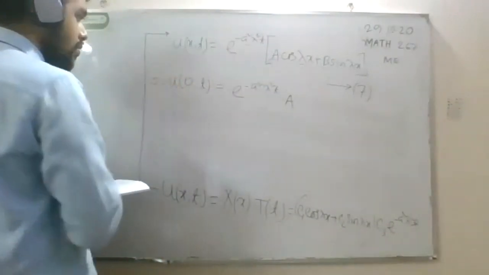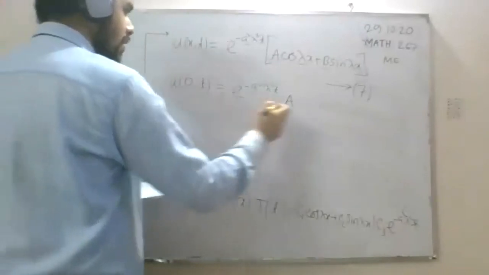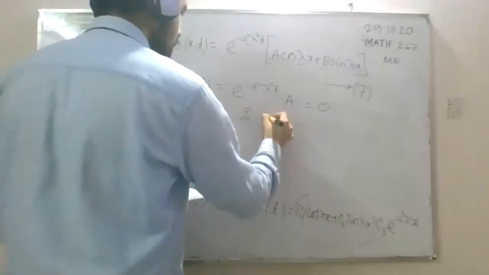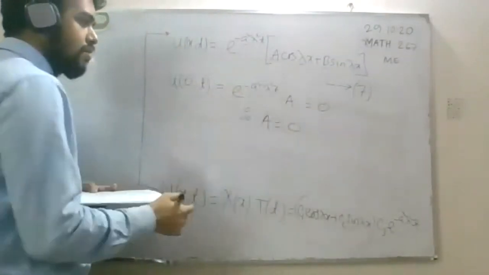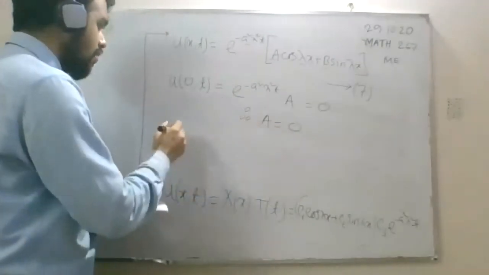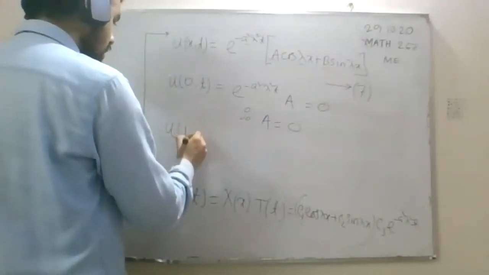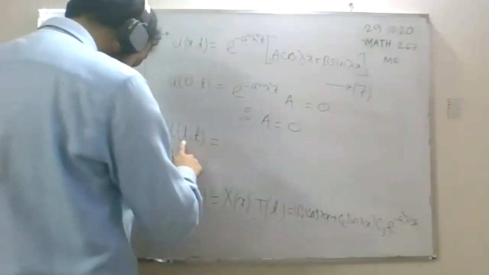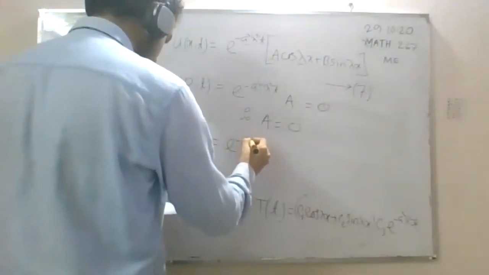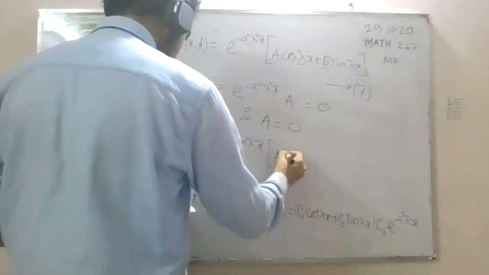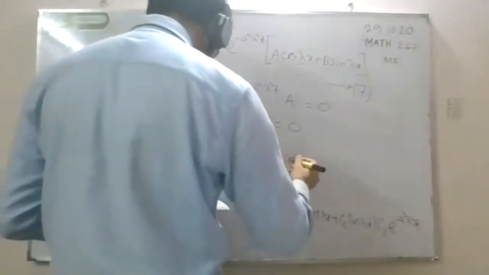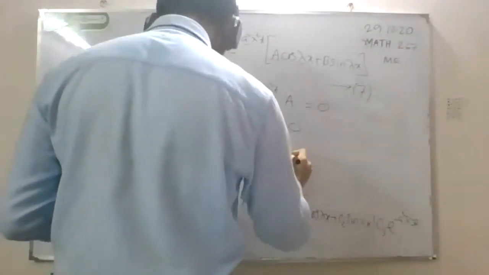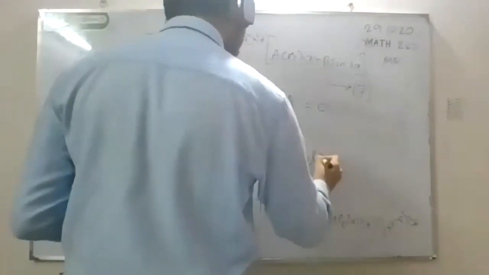So you can say this equals 0, and from there a equals 0, because the exponential term is not equal to 0. And also the other condition, u(L, t): if you put x equals L, you get e to the power minus a square lambda square t into b sin L lambda.